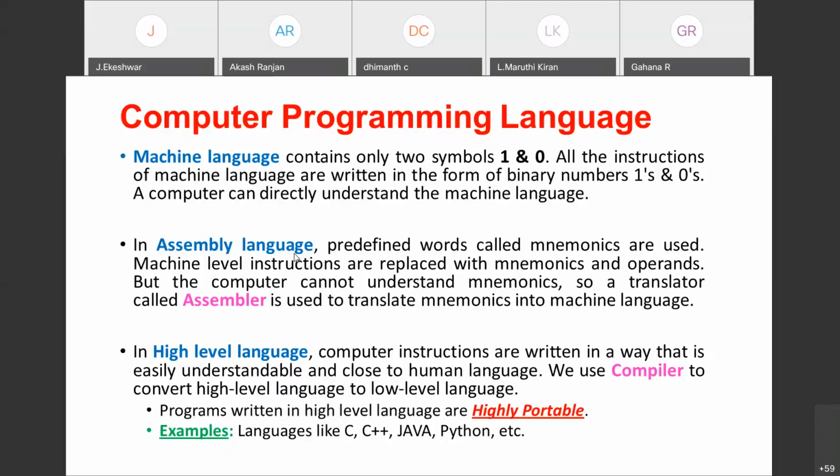But machine language and assembly language, which are called low-level languages, are non-portable. That means a program written on one machine cannot be executed or run on another machine.